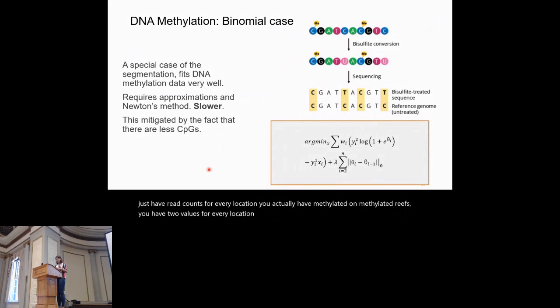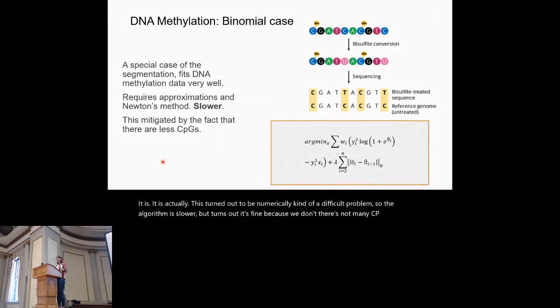This is quite naturally modeled with the binomial distribution. So we can run exactly the same algorithm, just assuming a binomial distribution and formulating this loss. This turned out to be a numerically difficult problem, so the algorithm is slower, but it's fine because there aren't that many CpGs, right?